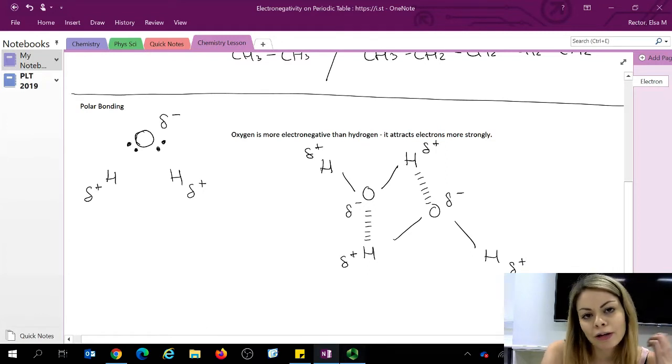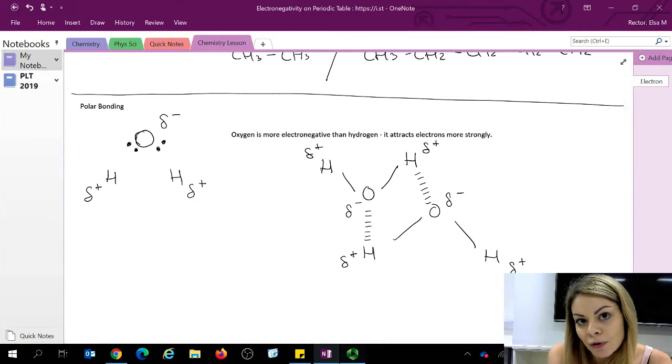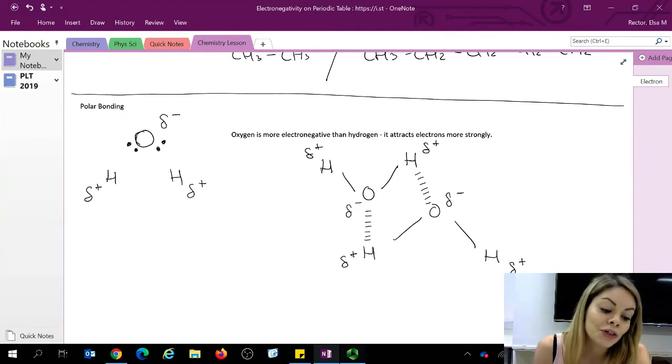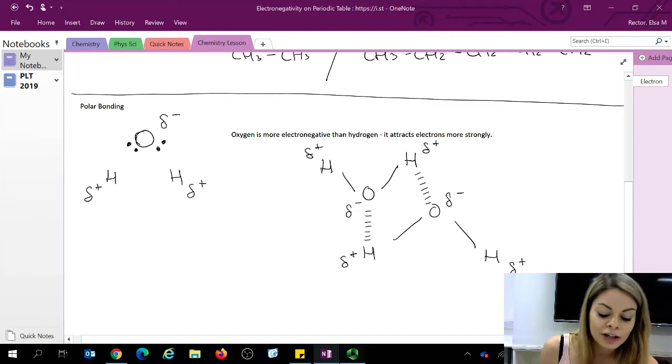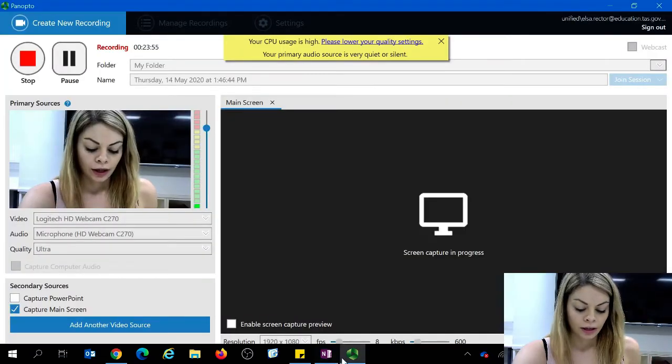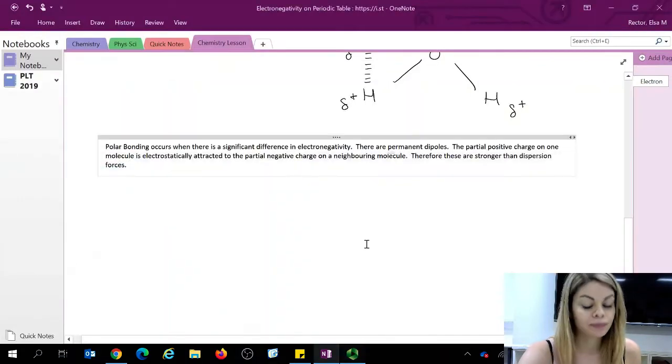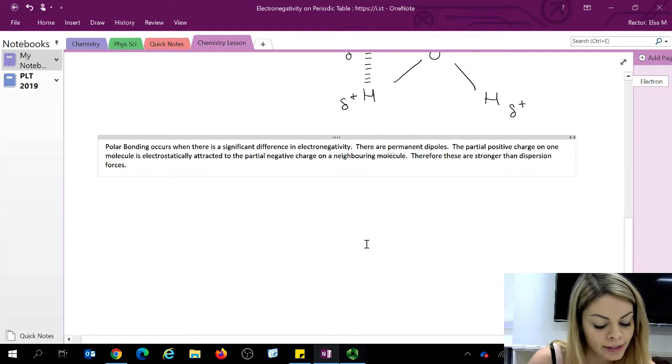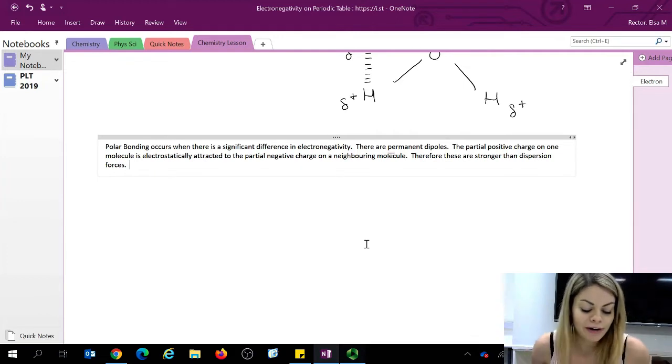Now this is much, much stronger than a van der Waals force because those electrons are always closer to the oxygen. They're not moving around and sometimes closer to the oxygen and sometimes closer to the hydrogen. So it's not a temporary dipole, it's a permanent dipole. Okay, so I've just made some notes on what I just said so that you've got something in writing. So polar bonding is when there is a significant difference in electronegativity.